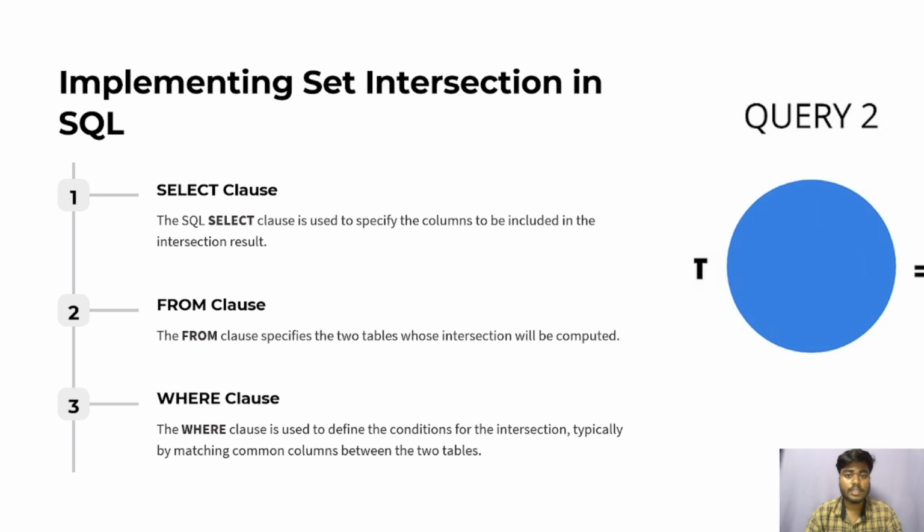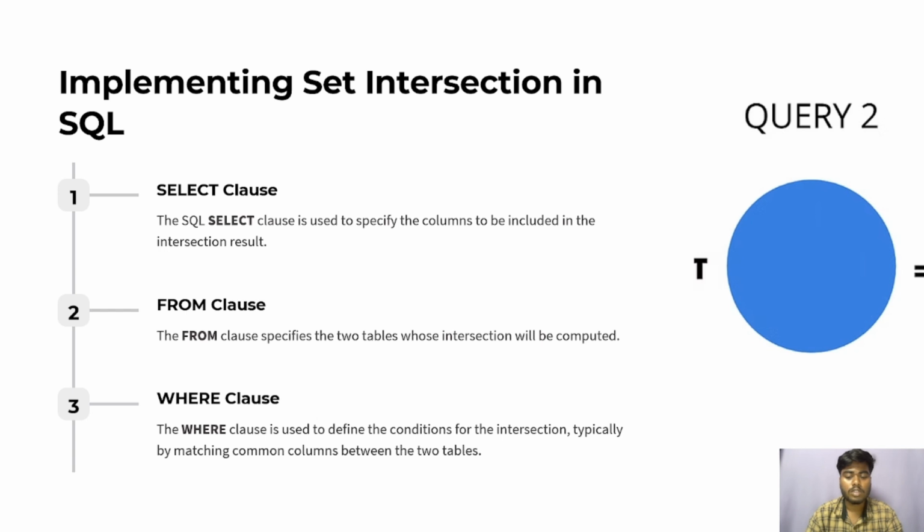For implementing set intersection in SQL, we can follow the steps as shown. First is the select clause. The SQL select clause is used to specify the columns to be included in the intersection result. Then the from clause.